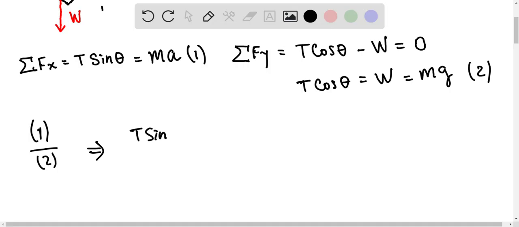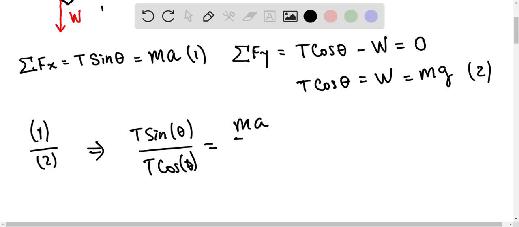This will give us T sine theta over T cosine theta on the left-hand side, and for the right-hand side, we will have m a over m g.